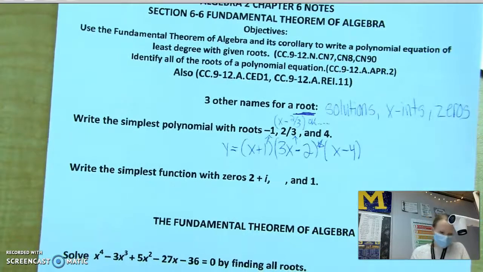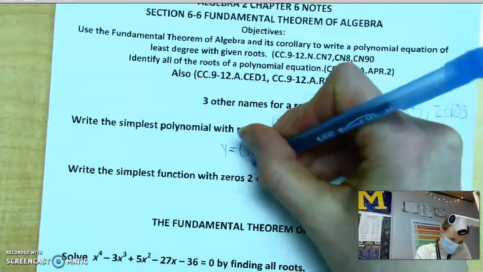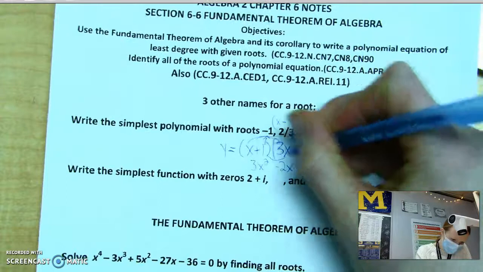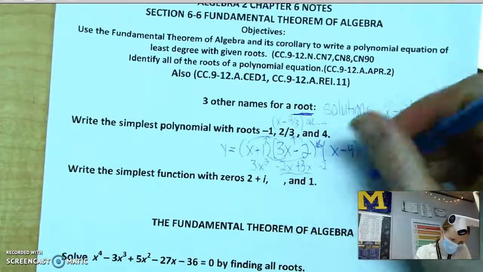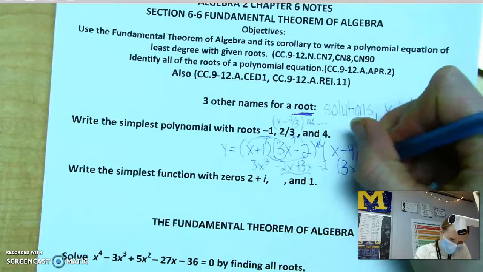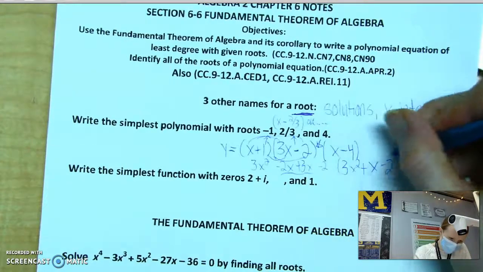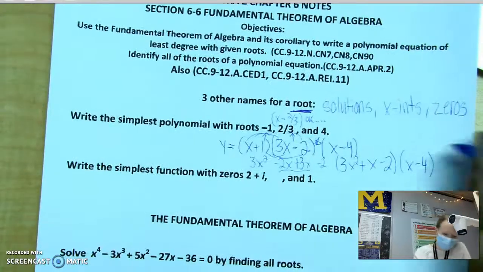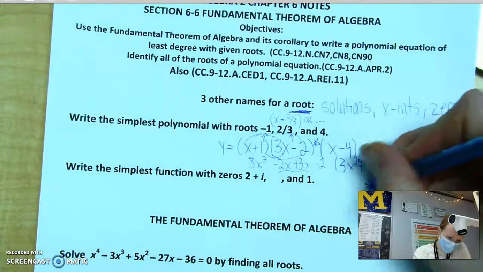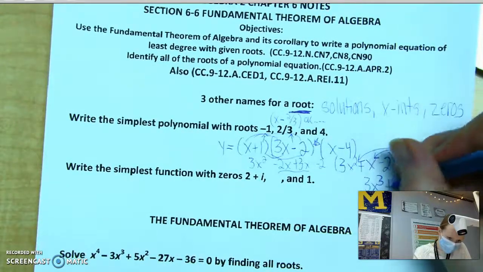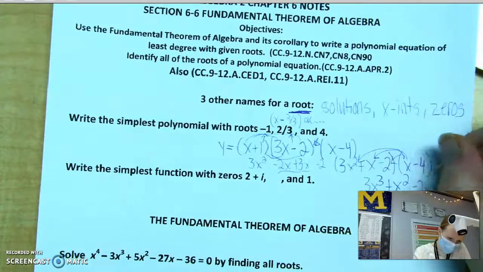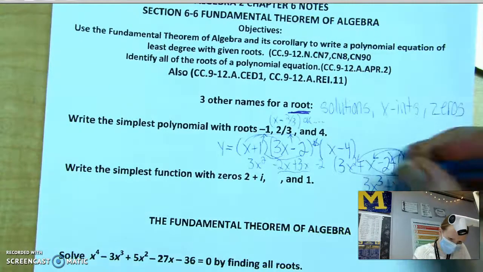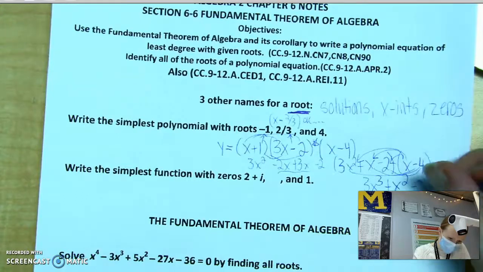So then, in order to write your simplest polynomial, what you're going to have to do is FOIL. Combine like terms to get 3x squared plus x minus 2, and then you still have to multiply x minus 4. And then you're going to have to distribute your x to get 3x cubed plus x squared minus 2x minus 12x squared minus 4x, and then plus 8.